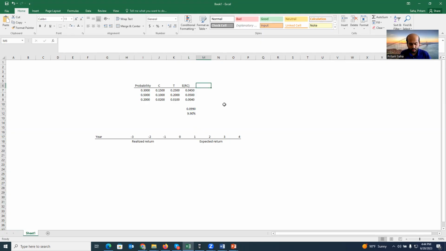Now let's do same way, expected return of RT. Same thing. So basically, probability times, oh, I misjudged. Probability times return of stock T on that.